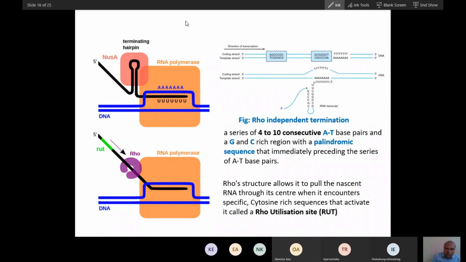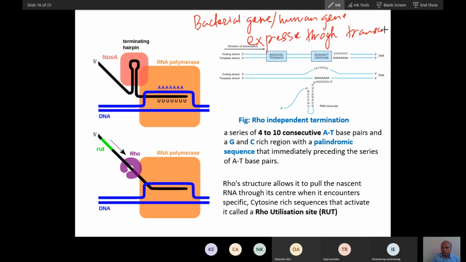You can see our gene and bacterial gene, or any gene or human gene, expresses through transcription. So what is the meaning of transcription? Transcription means gene expression.